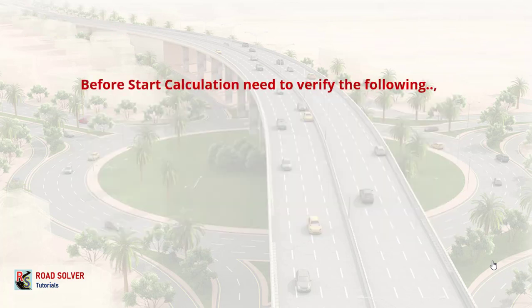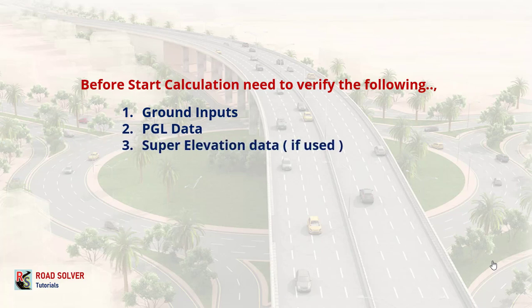Before calculating the earthwork levels, you have to confirm whether this data is available in the software. First is the ground input, second is the PGL data, third is the super elevation data. If your template uses super elevation, that will be required; if not, there is no need.